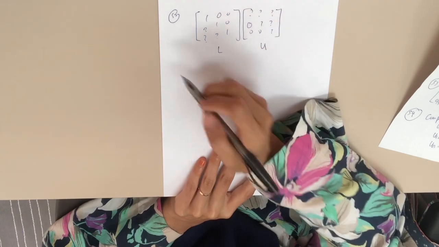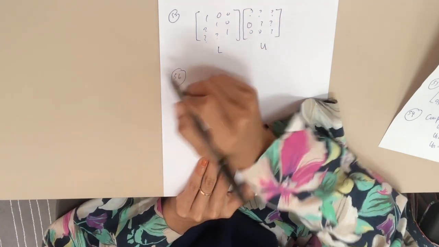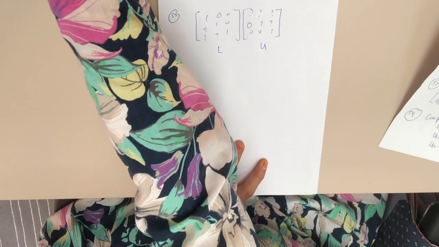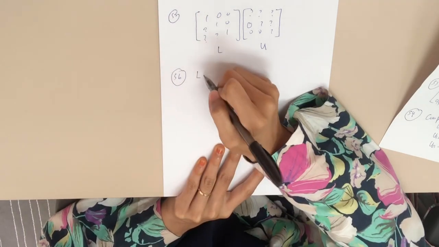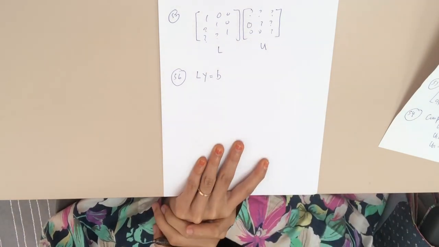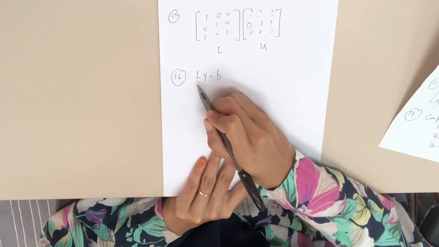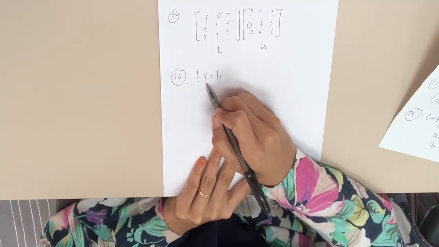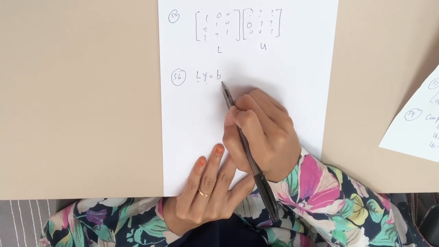Okay, alright. So step number 6, what we do next is you need to find Ly equal to B. So L is a lower triangular matrix, Y is a matrix of variables, and B is the answer.